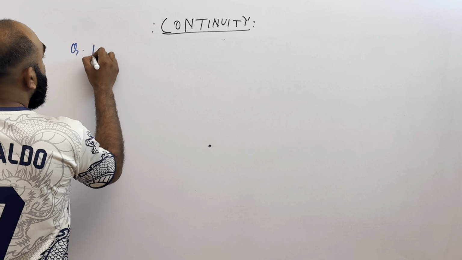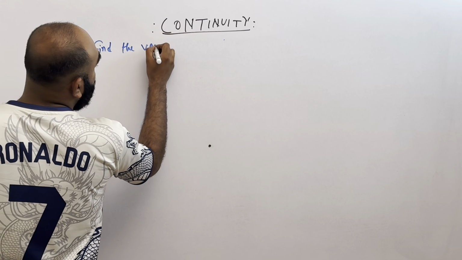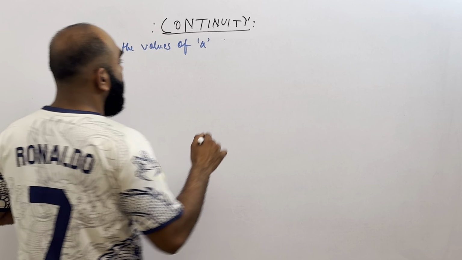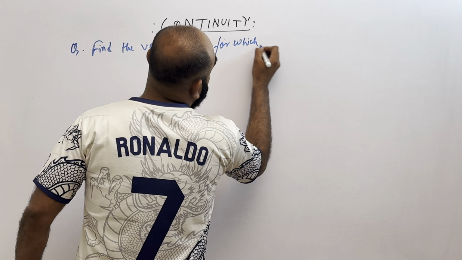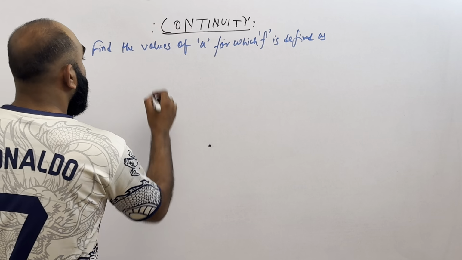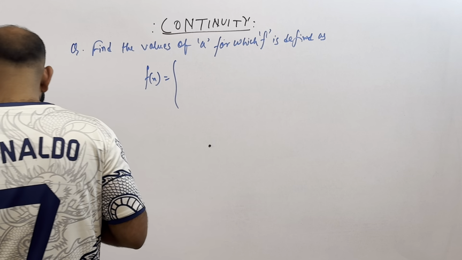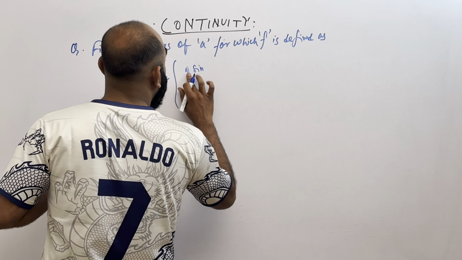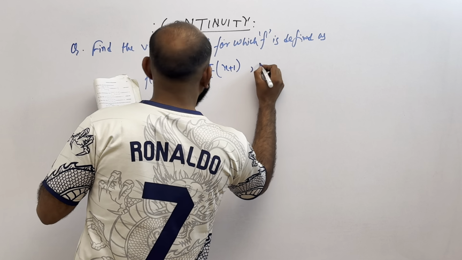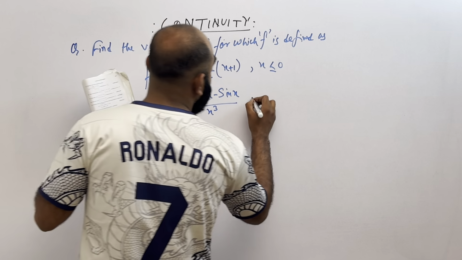Again, the question is the same thing. Find the values of a for which the function f is defined as: f of x is equal to a sine of pi by 2 into x plus 1 when x is less than or equal to 0, and f of x is equal to tan x minus sin x divided by x cube when x is greater than 0.